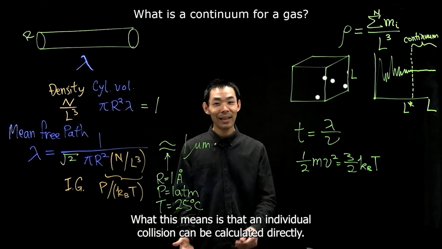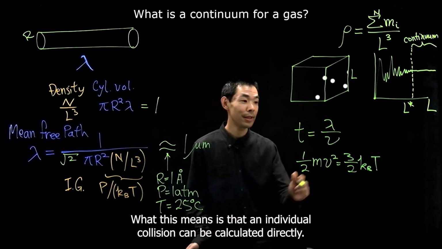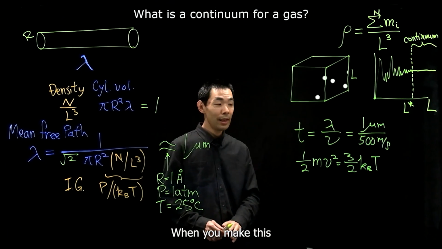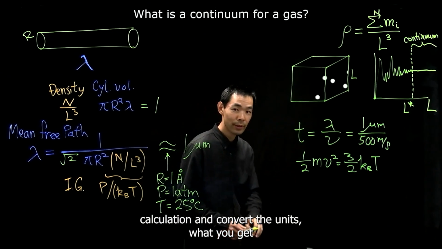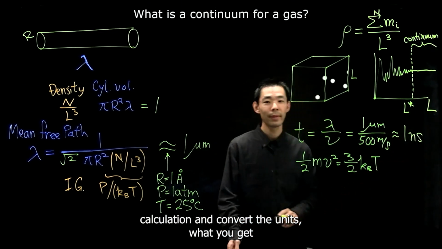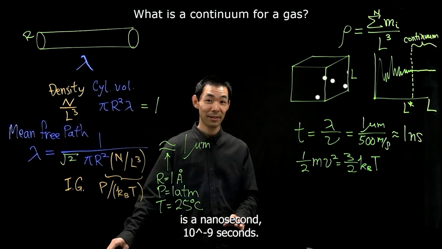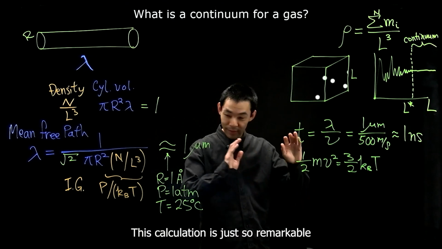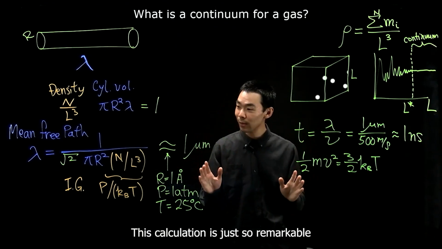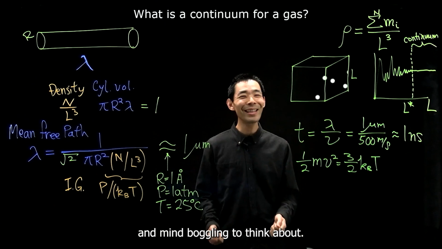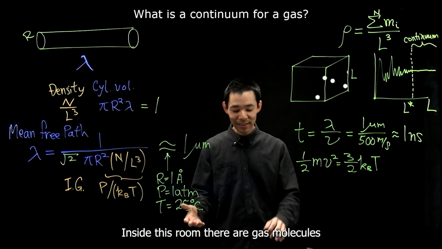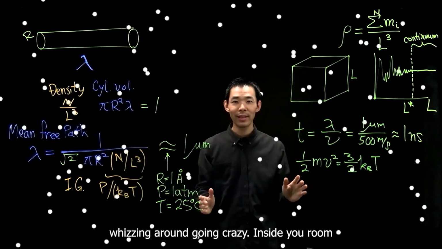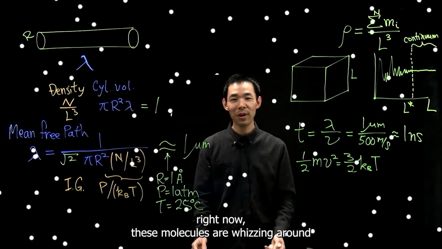What this means is that an individual collision time can be calculated directly. And when you make this calculation and convert the units, what you get is a nanosecond, 10 to the minus 9 seconds. This calculation is just so remarkable and mind-boggling to think about: inside this room, there are gas molecules whizzing around, going crazy inside your room right now.